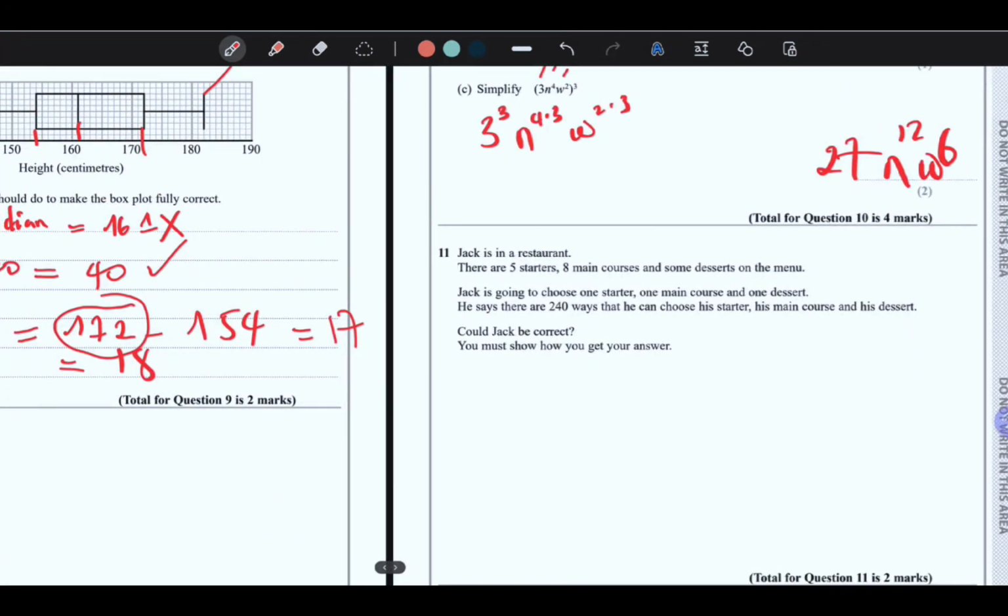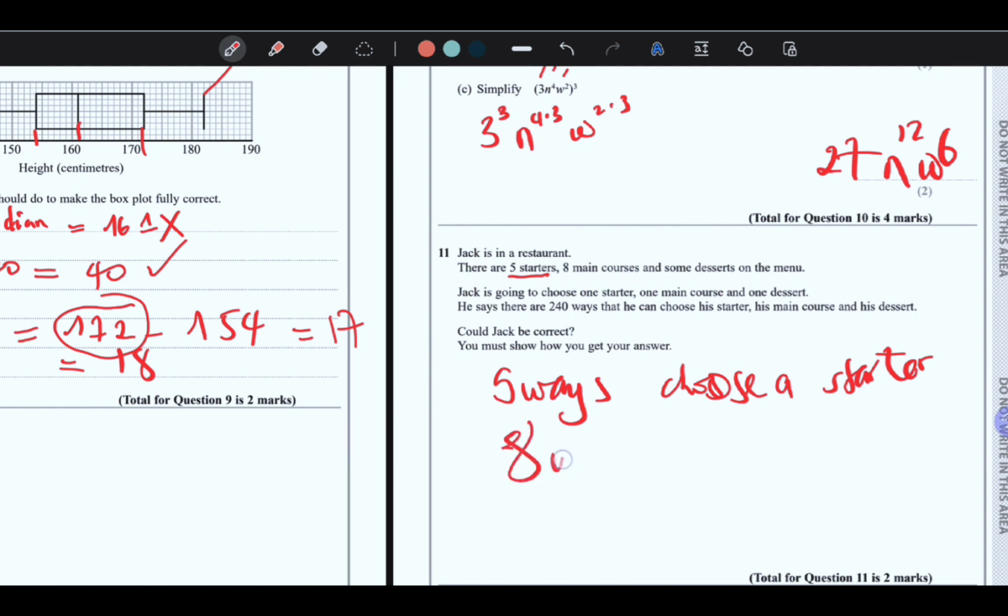So first of all, he wants to choose a starter. If there are 5 starters, it means there's going to be 5 ways he could choose a starter. After choosing a starter, he has 8 main courses to choose from. So it's going to be 8 different ways to choose a main course, and some desserts on the menu.